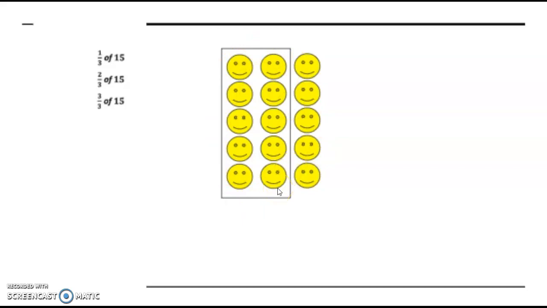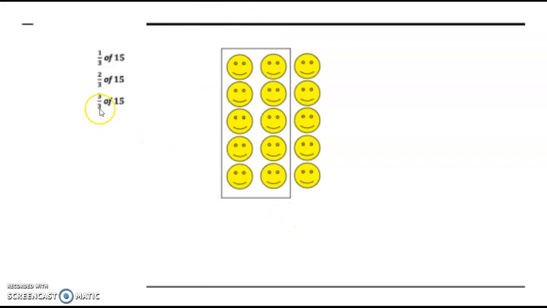Now, we're not saying 10/15ths of this, because 15 is our total. You see how we don't have 10/15ths of one little happy face? We have 10 of these happy faces all together. So when we're multiplying fractions by a whole number, or even a whole number by a fraction, we need to make sure that our answers are whole, because we have 10 whole happy faces here.